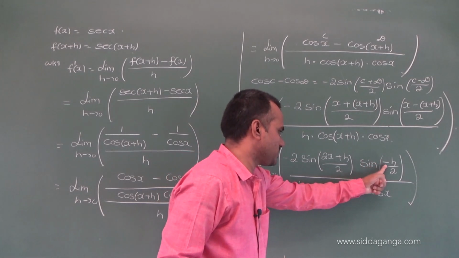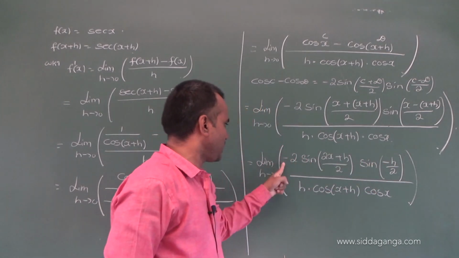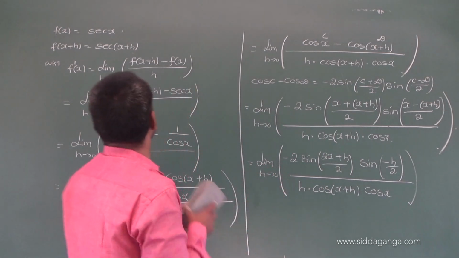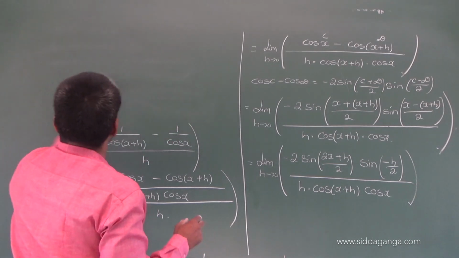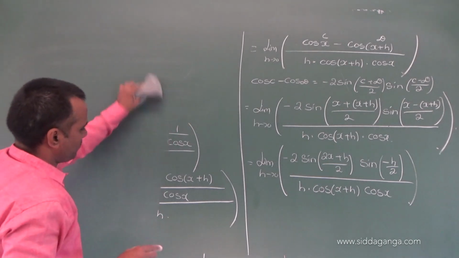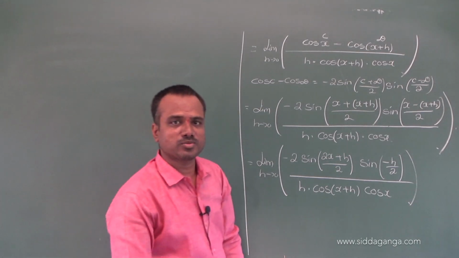Sine of minus theta is minus sine theta. Again that minus into minus is what? Plus. Sine of minus theta is minus sine theta, so minus into minus becomes plus.